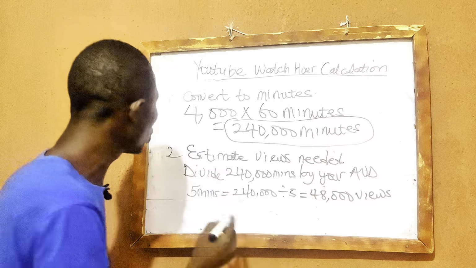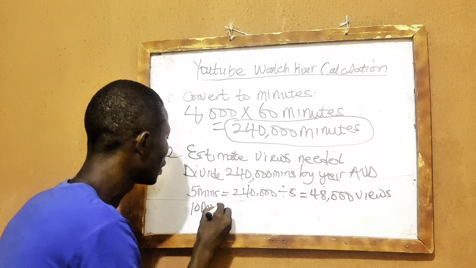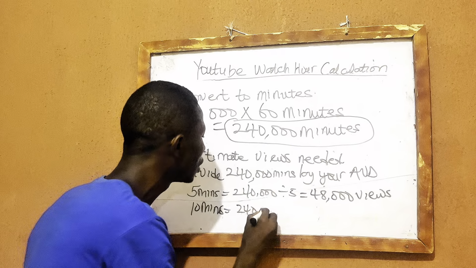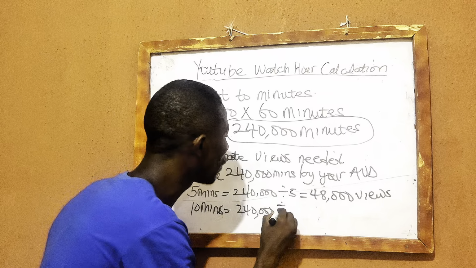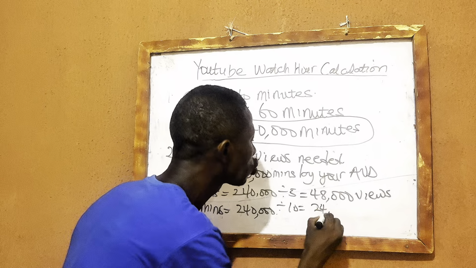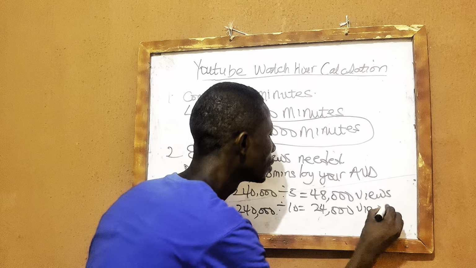Now let's take a look at 10 minutes. 240,000 divided by 10 will surely give you 24,000 views.